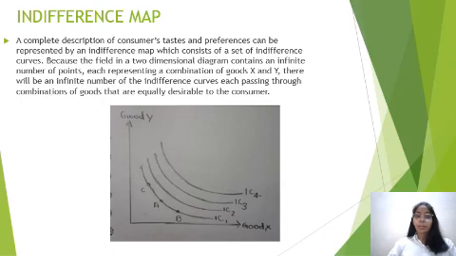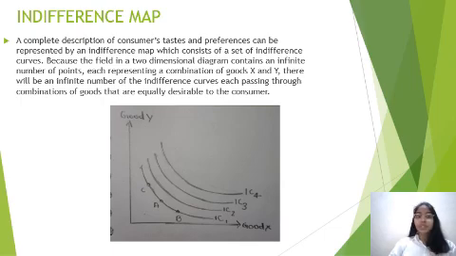A complete description of consumer taste and preference can be represented by an indifference map, which consists of a set of indifference curves, because the field in a two-dimensional diagram contains an infinite number of points, each representing a combination of good X and good Y. There will be an infinite number of indifference curves, each passing through the combinations of goods that are equally desirable to the consumer. And you can see the curve here, good Y and good X.